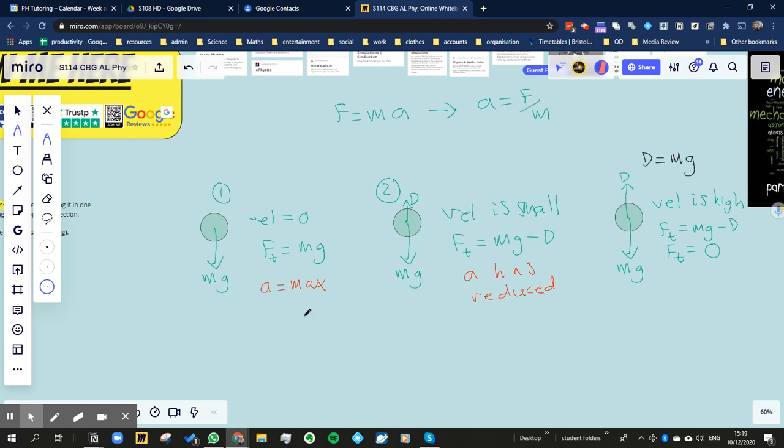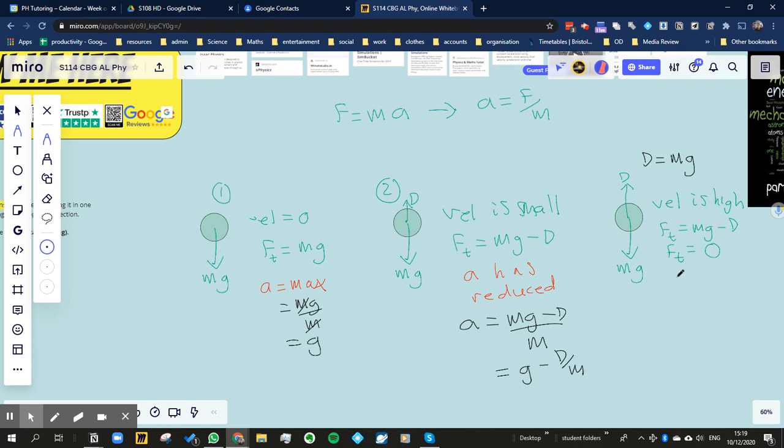So if we wanted to rewrite some of these, at the beginning, acceleration is equal to the force over the mass, which is just g. So the m's cancel out. In the second case, the acceleration is equal to the force again, mg minus D, over the mass again. You could simplify that to say it's equal to g minus D over m.